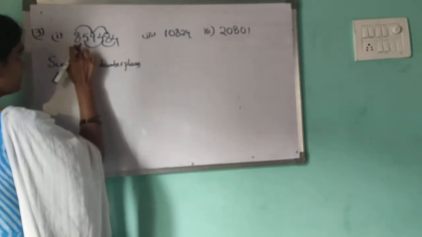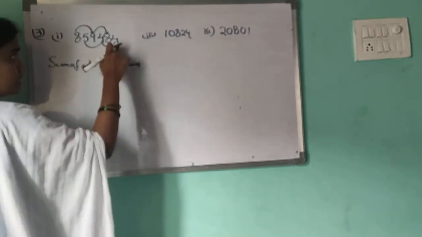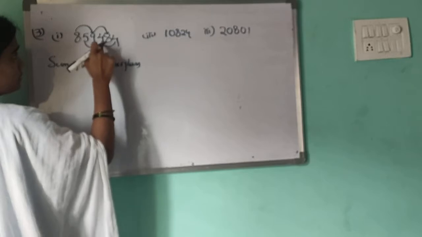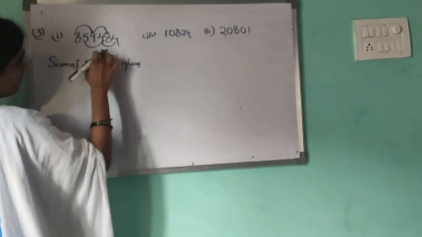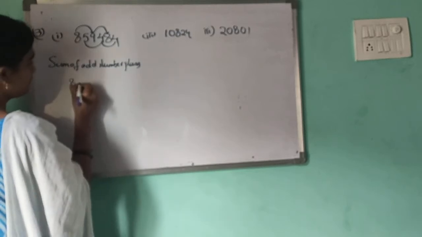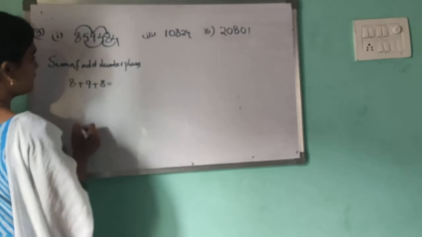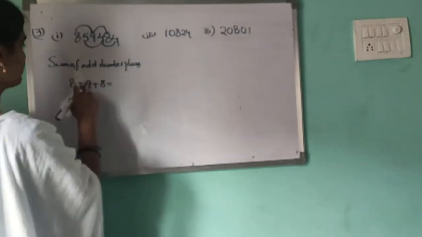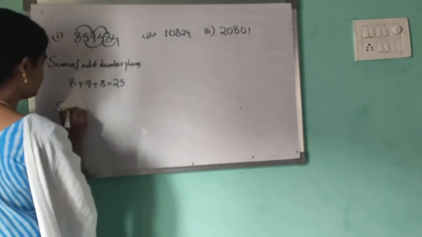Sum of odd number places: the 1st, 3rd and 5th digits. So that means 8 plus 9 plus 8 equal to how much? 25.